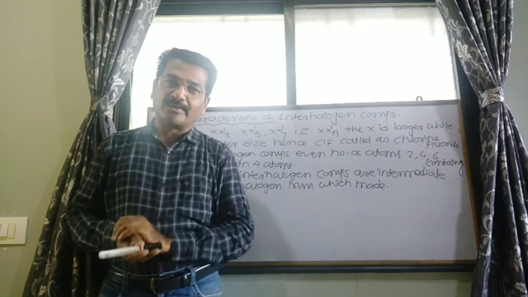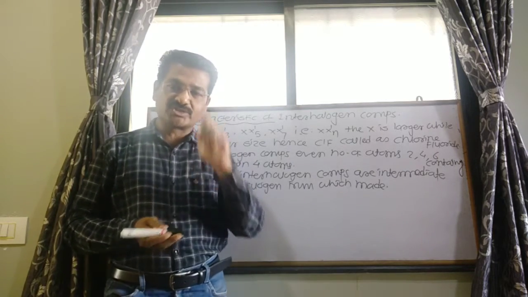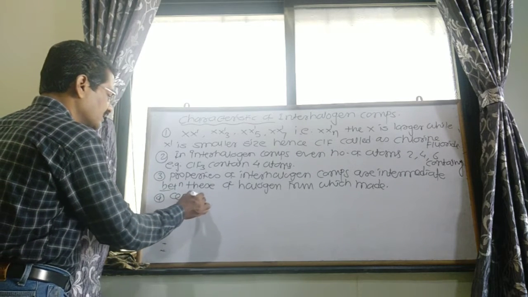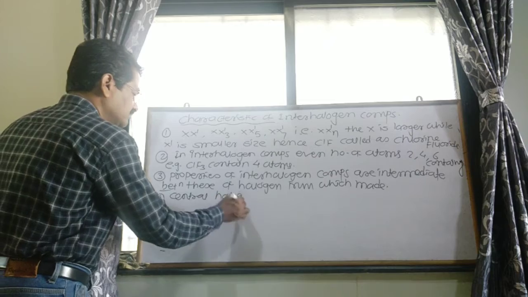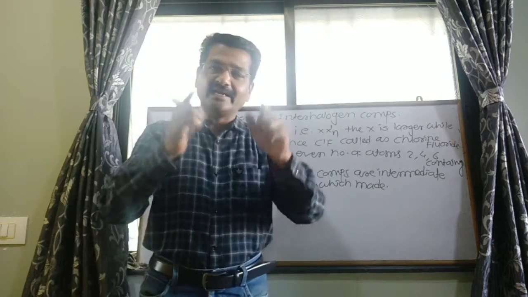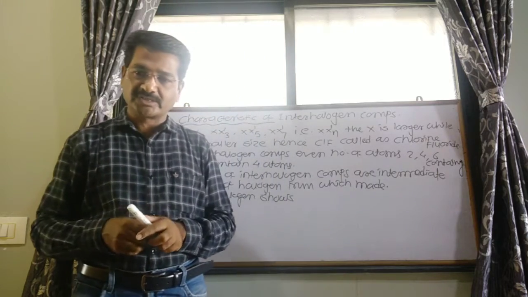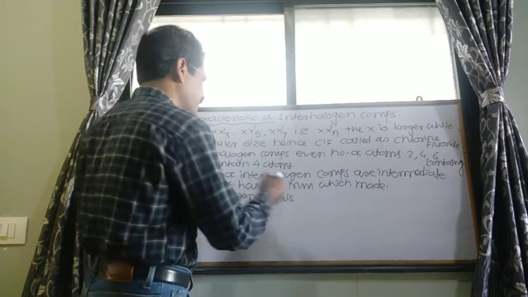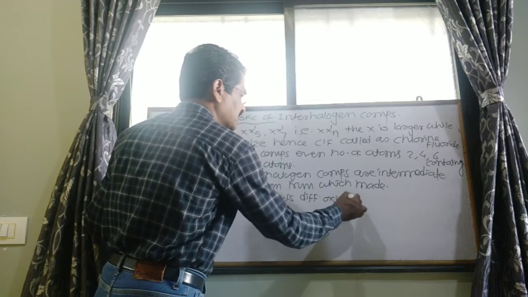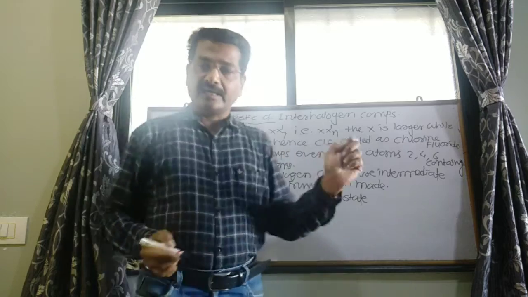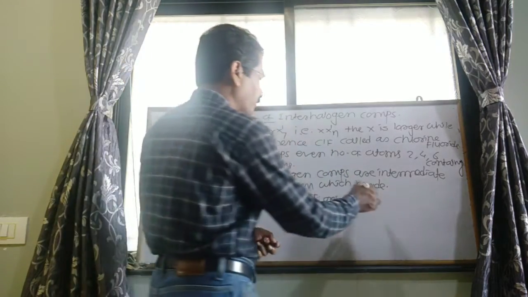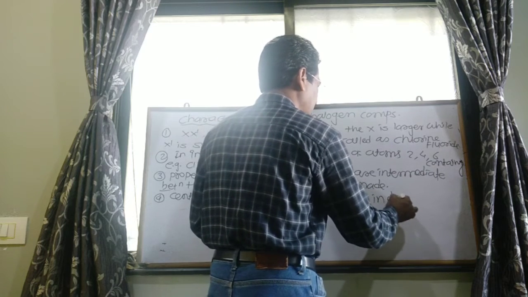In interhalogen compounds, the central halogen shows different oxidation states in different interhalogen compounds.